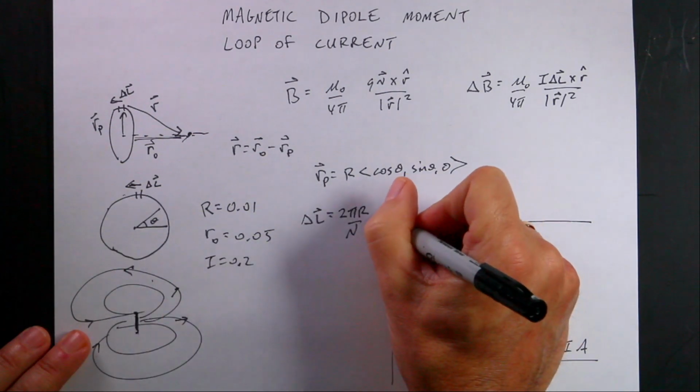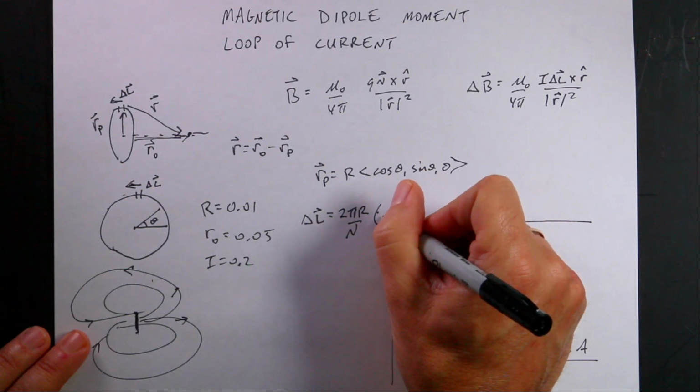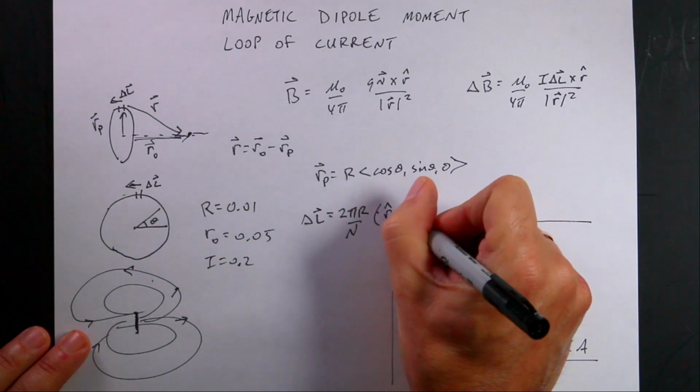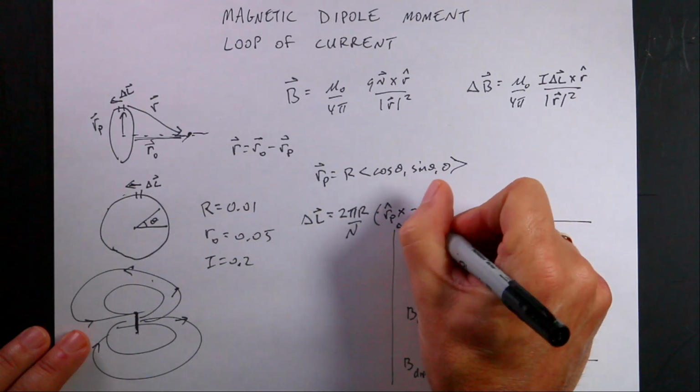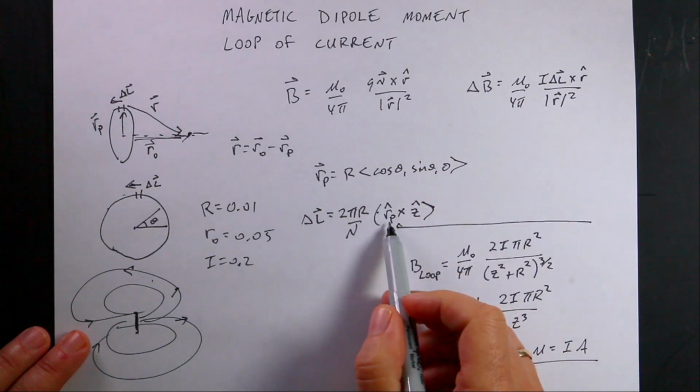And then I'm going to say, let's say RP hat cross Z hat. That's my trick, the cross product.